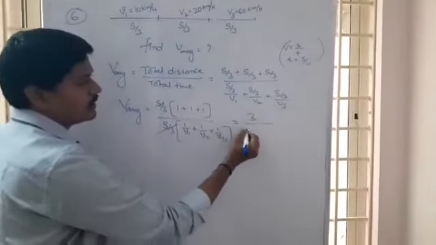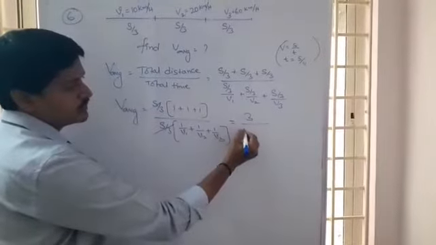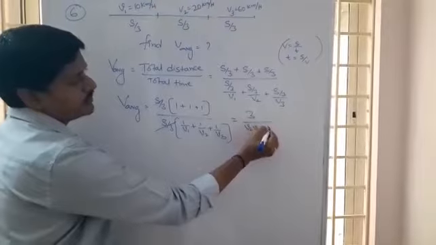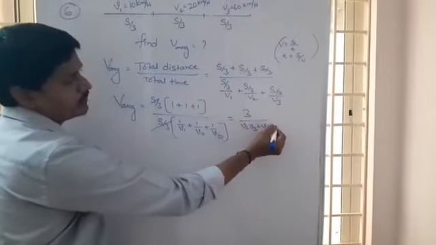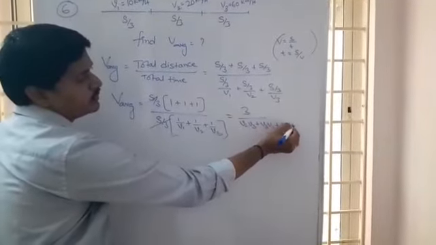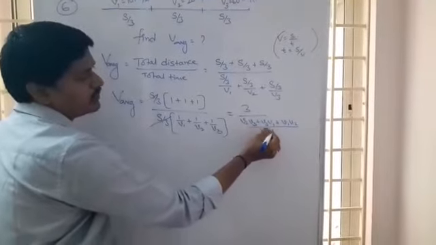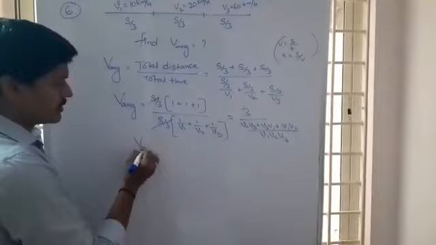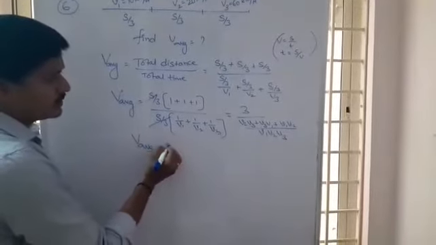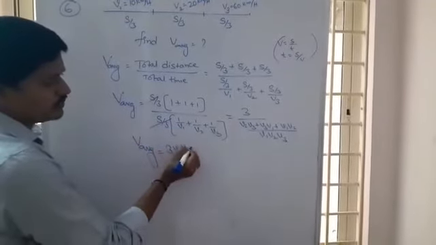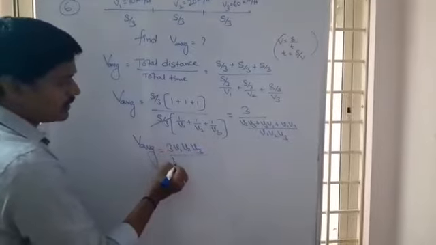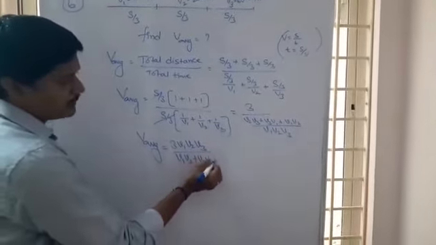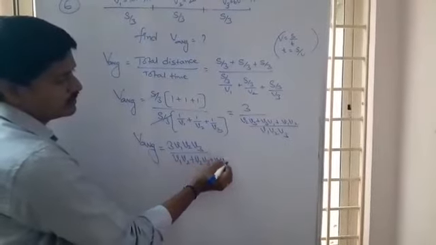So 3 by, take LCM: v2 v3 plus v3 v1 plus v1 v2, divided by v1 v2 v3. Taking it into the numerator, average speed is equal to 3 v1 v2 v3 divided by v1 v2 plus v2 v3 plus v3 v1.